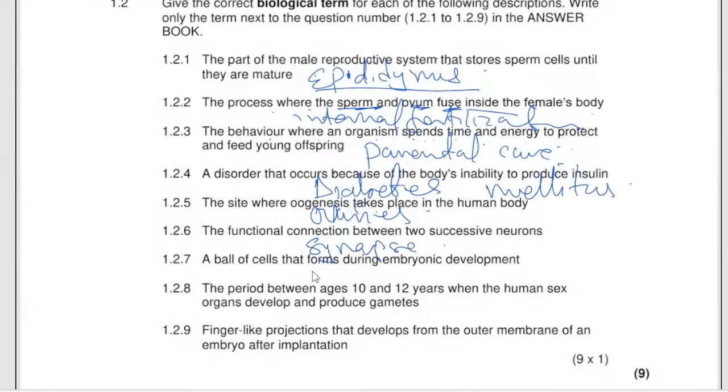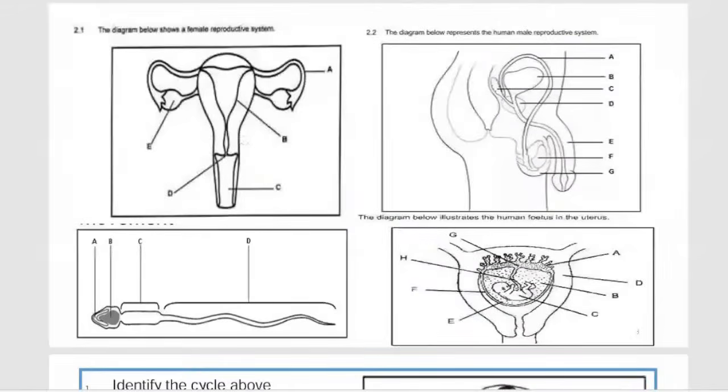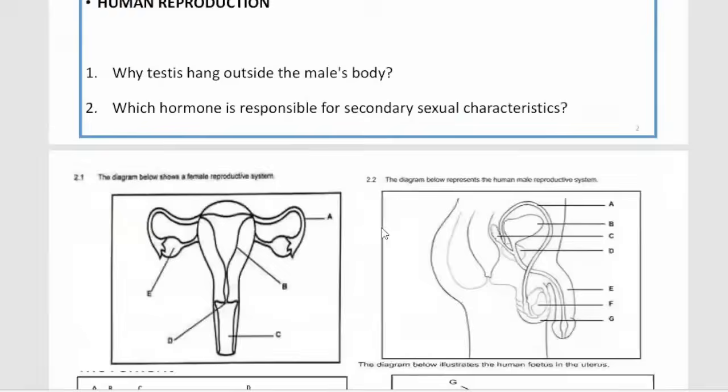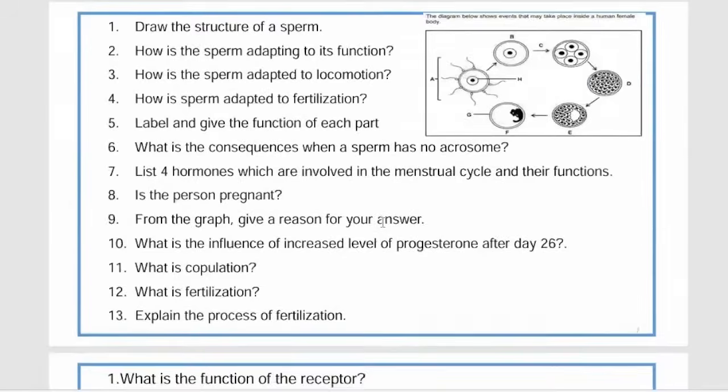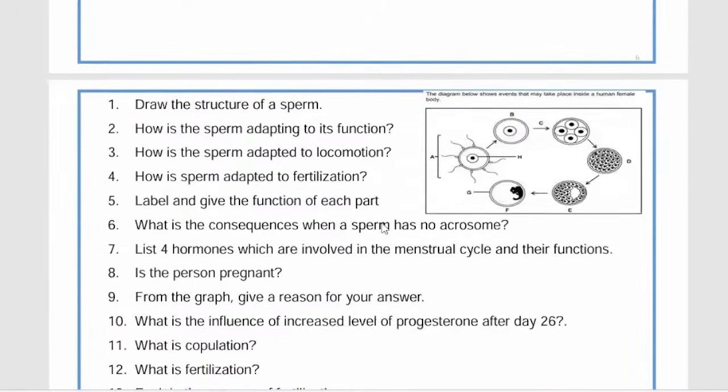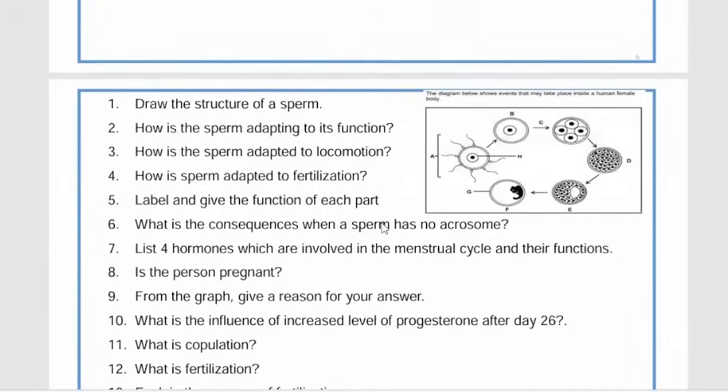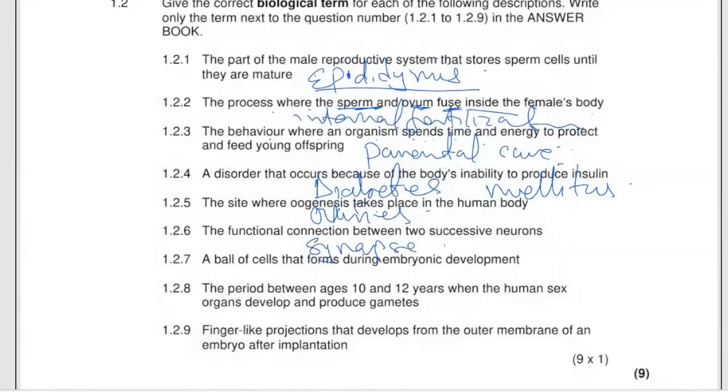They're saying the ball of cells that forms during embryonic development. How do we call this? The ball of cells, automatically we're going to say it is morula.